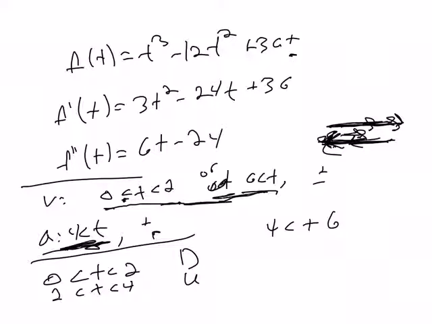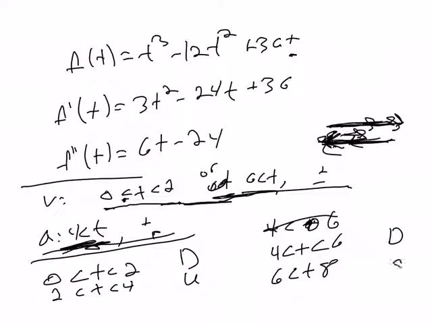So 4 is less than t is less than 6, so you're slowing down. But if you're between 6 and 8, now your velocity is positive again, and your acceleration is positive. So you're speeding up. Okay. That's the end of that problem.